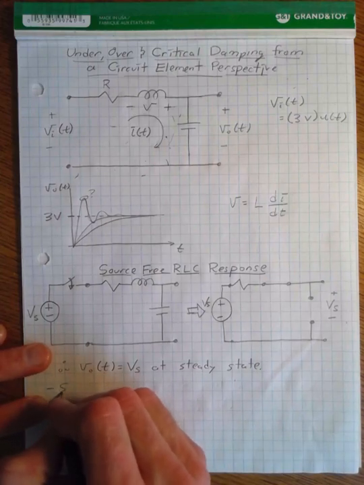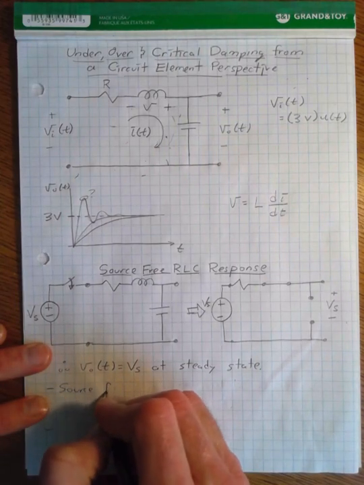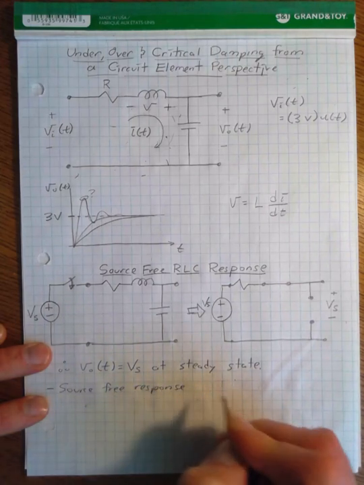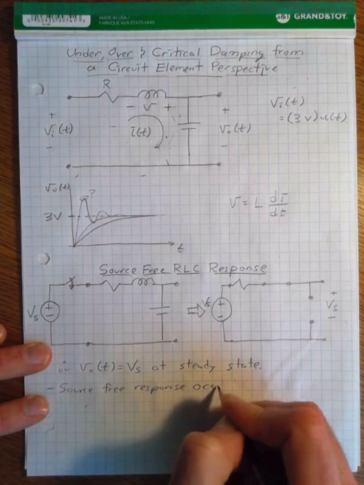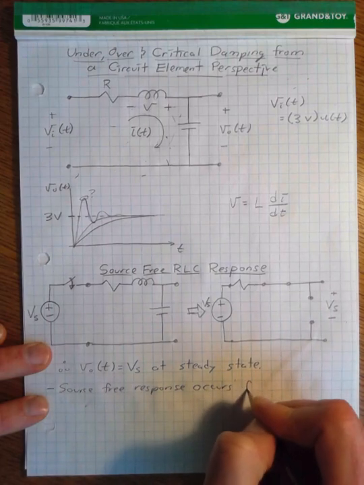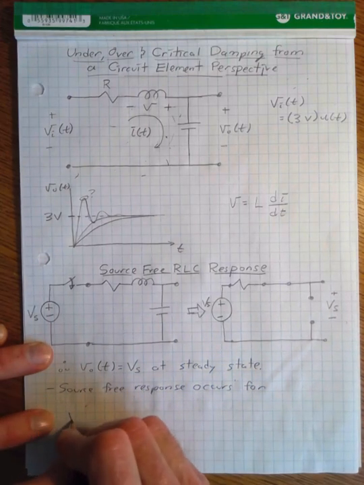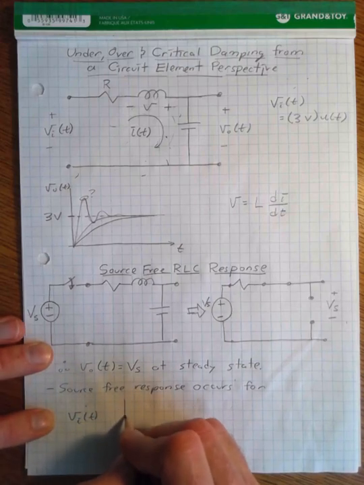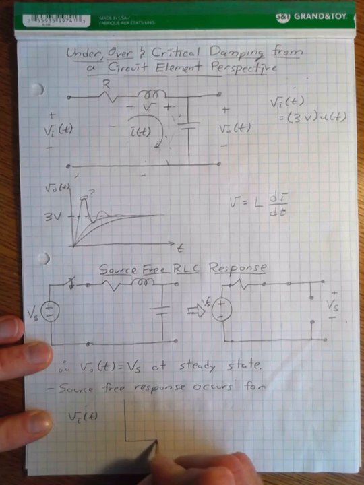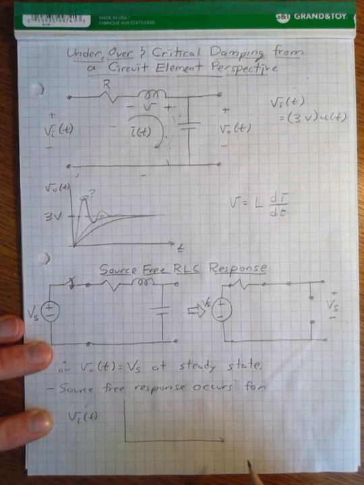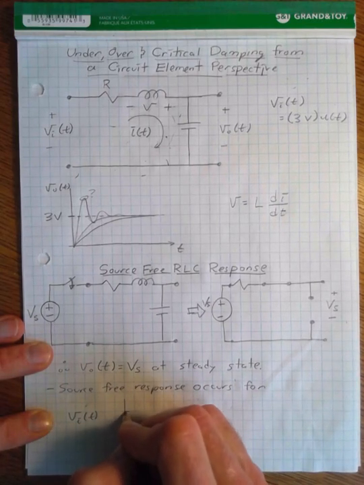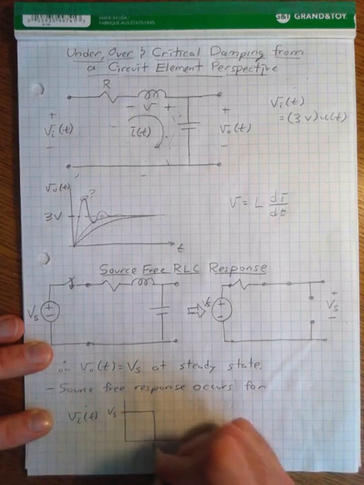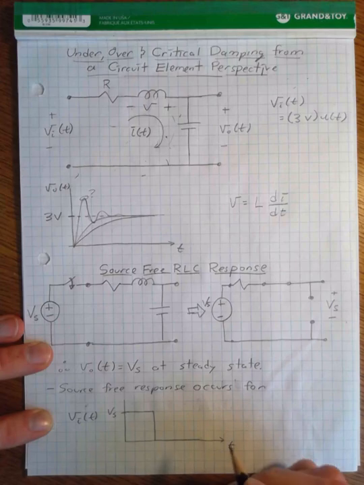So we have some input voltage, Vi. We're at Vs, and then at some point we switch our circuit off, right? And we switch down to 0.